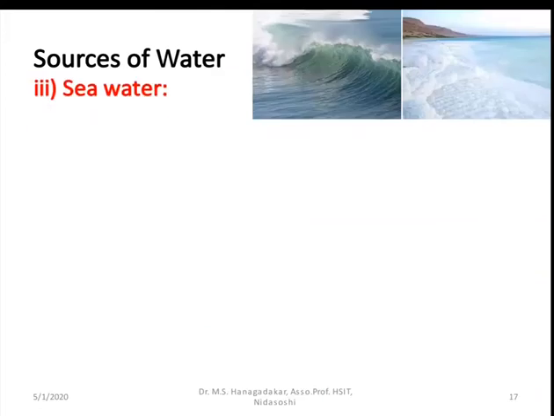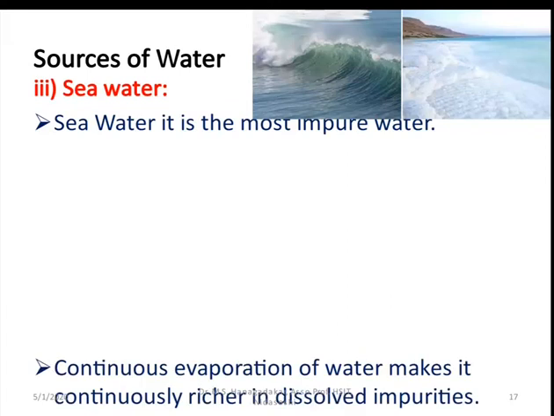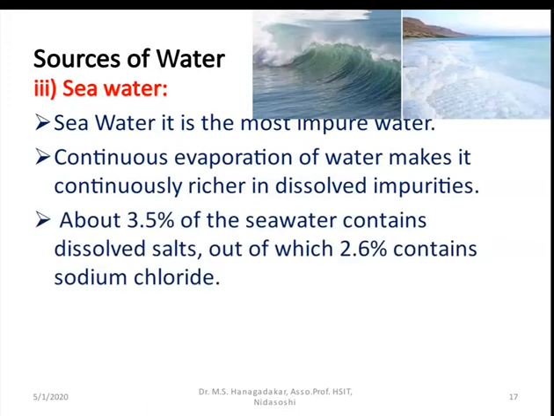Third one is seawater. Seawater is the most impure form of water among the water resources. Continuous evaporation of water makes it continuously richer in dissolved impurities. About 3.5% of seawater contains dissolved salts, out of which 2.6% is sodium chloride.